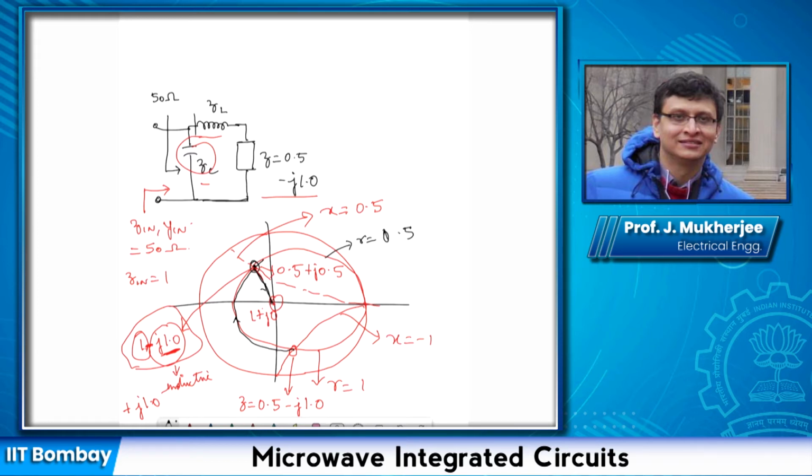So say this is my path using a constant conductance circle passing through this point. Then the value of the conductance G is 1, and the susceptance that is added in shunt causes this point to move here.